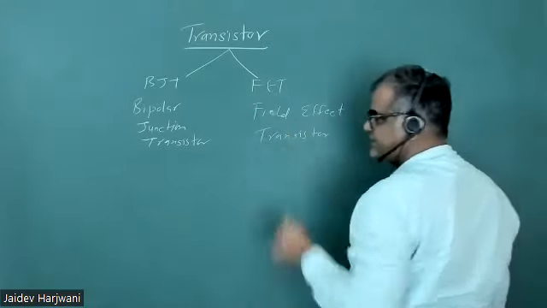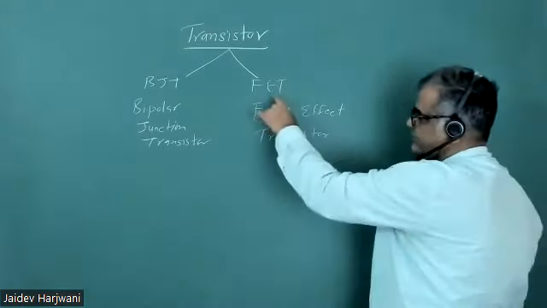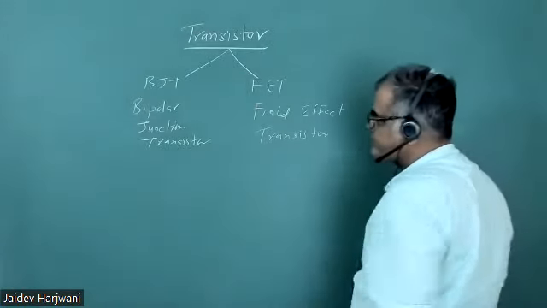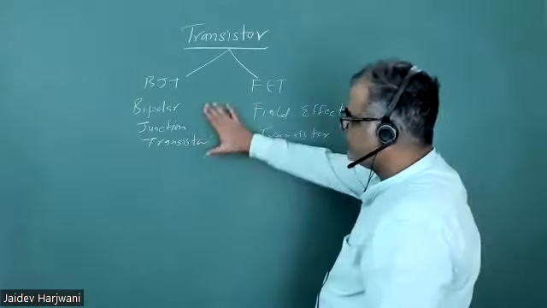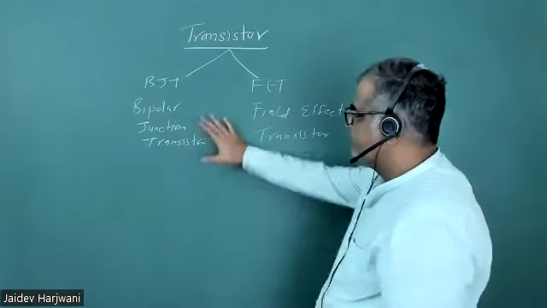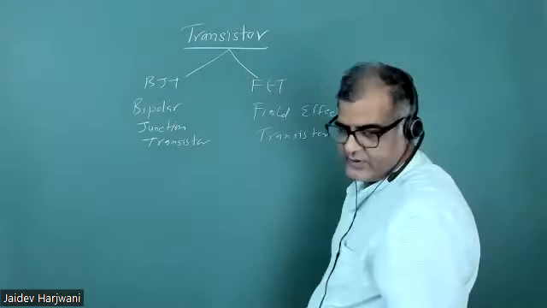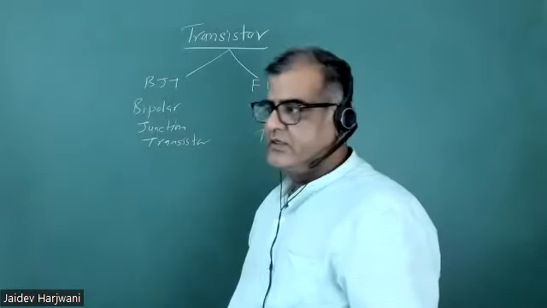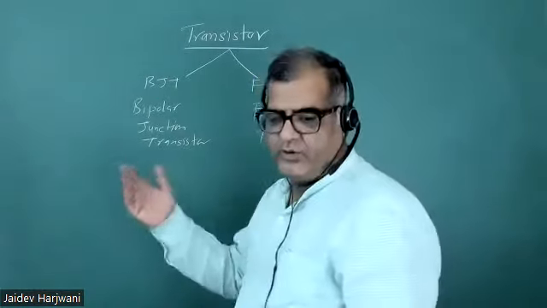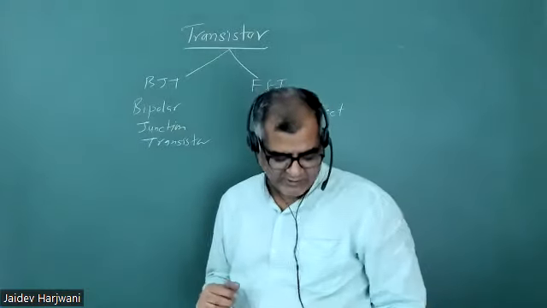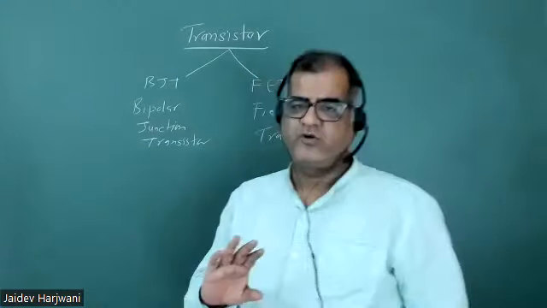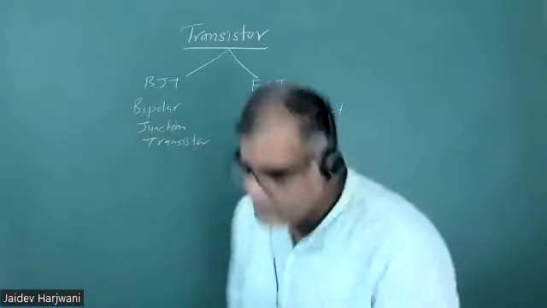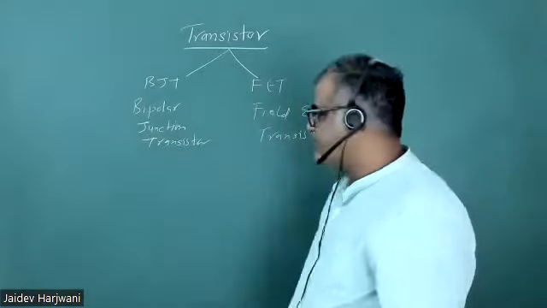Now, as the name suggests, this is the field control device, and here this is your current control device. So the name is bipolar. Why is the name bipolar? Because in BJT you need both charges, majority as well as minority charge carriers, both holes and electrons. You need both types of carriers to explain the operation of the transistor.